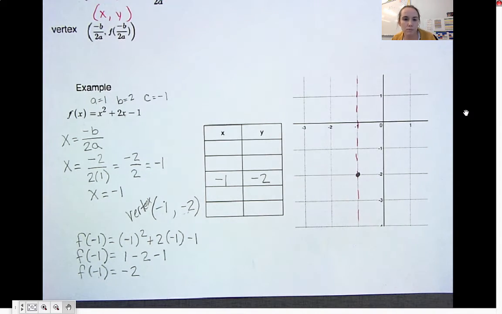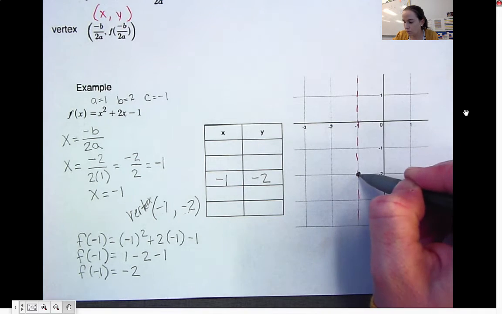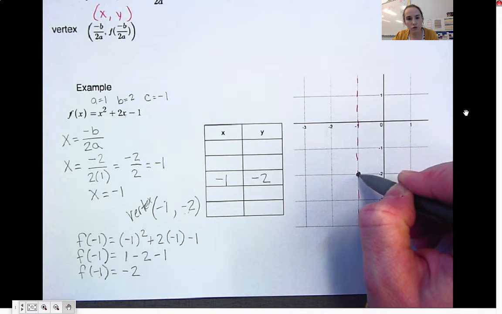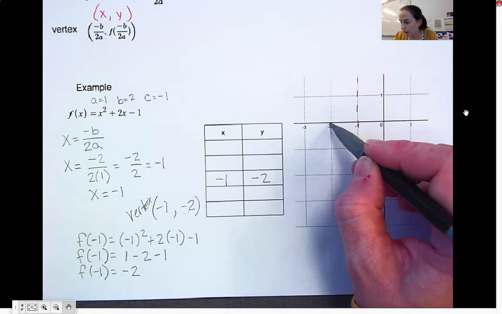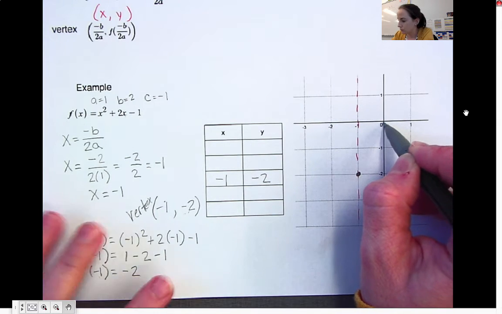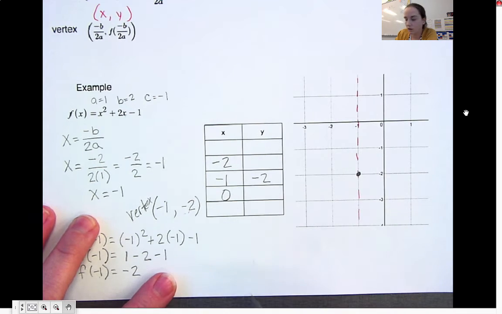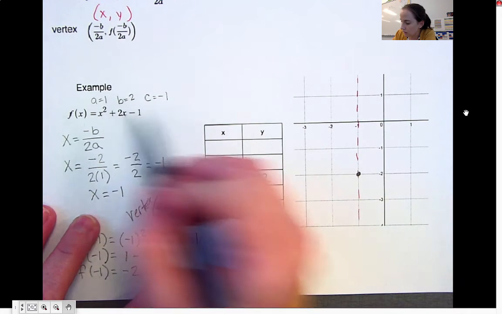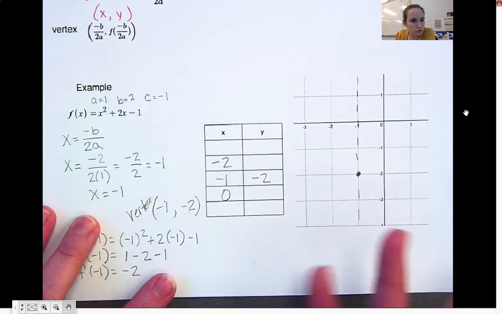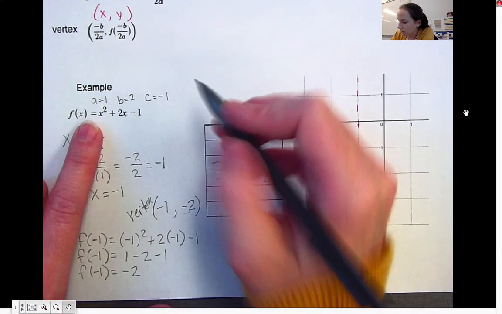Now I need to pick points that are surrounding this vertex to see what happens on the left side of it and on the right side of it. So since that fell on negative 1, I'm going to look at negative 2 and at 0. Take negative 2 and plug it in. Negative 2 squared, and you can use your calculator for this if you'd like.